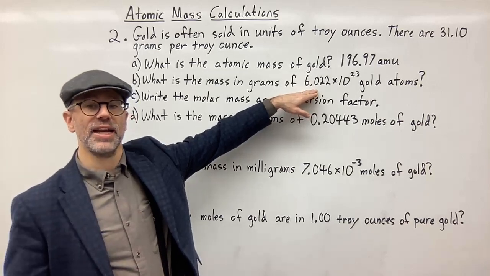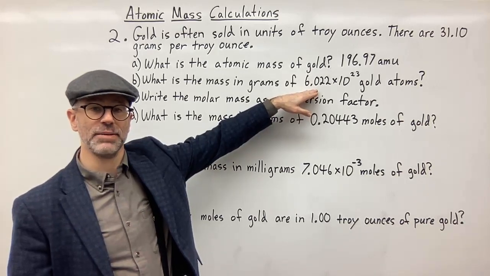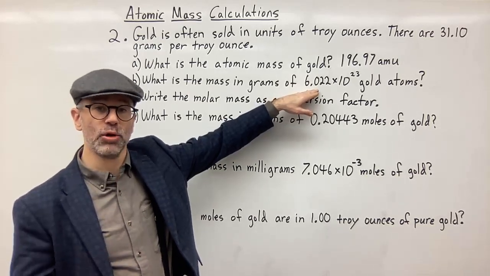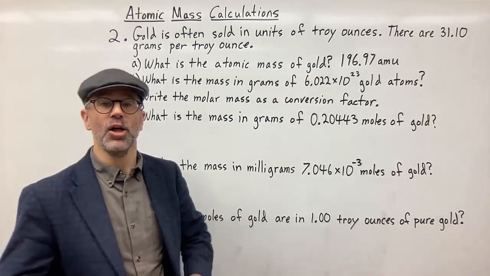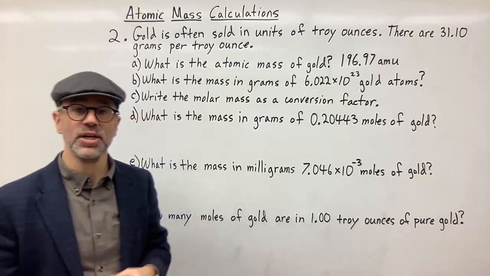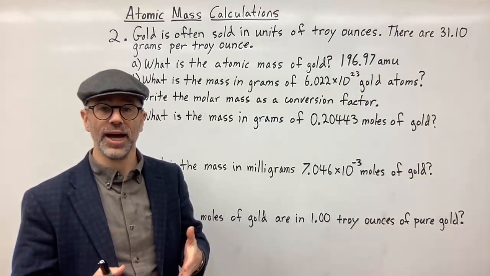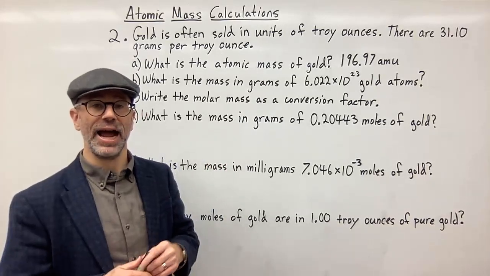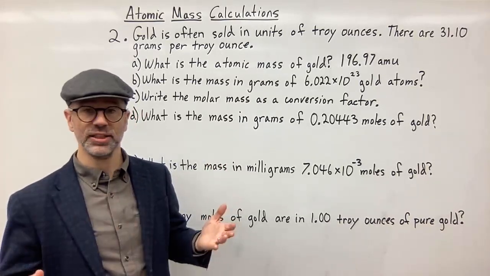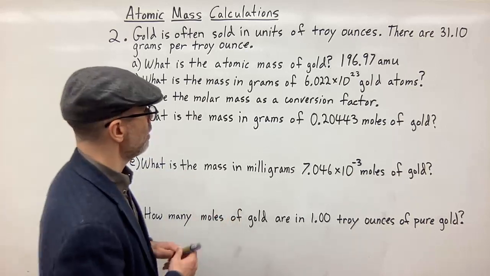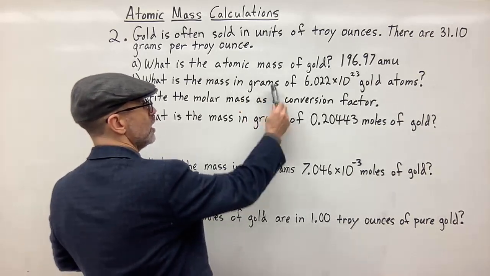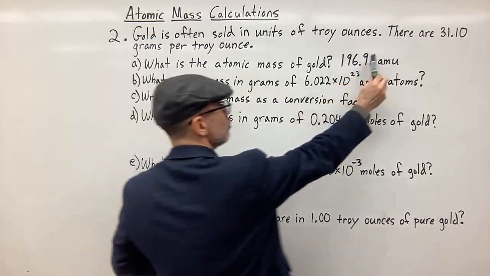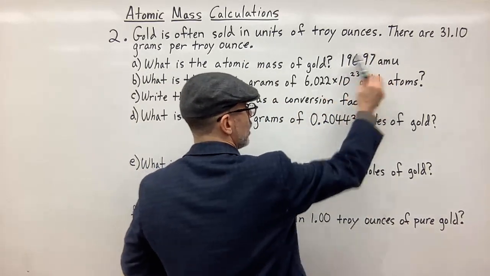This means that if I have 6.022 times 10 to the 23rd gold atoms, then I have 1 mole of gold atoms. Well, the mass in grams of 1 mole of gold atoms is the molar mass, which is the same number as the atomic mass, just in grams. So the grams of this number of gold atoms, 1 mole, is equal to this number here.